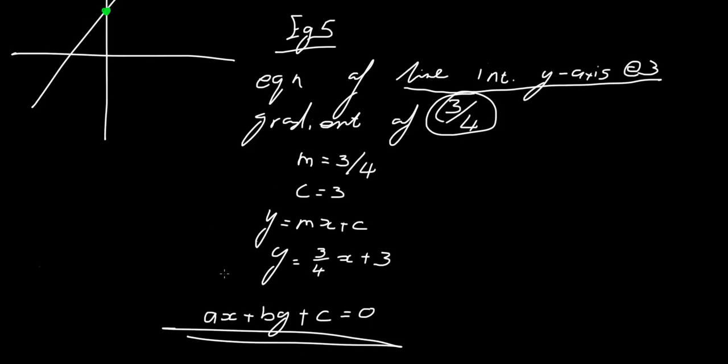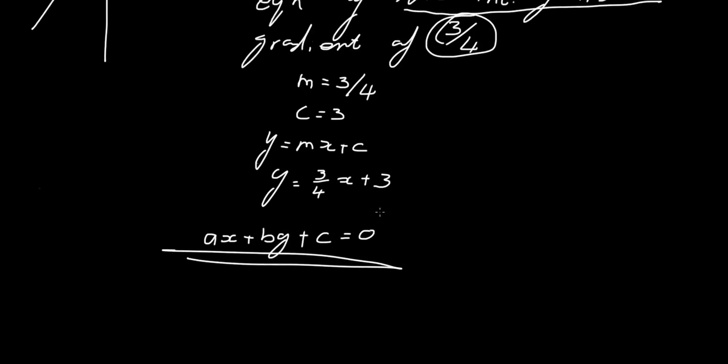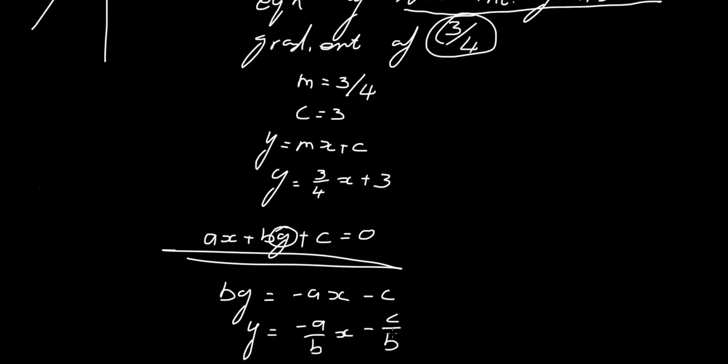to work with it, all you're going to do is take this equation and rearrange it into y equals mx plus c form. And how you do that is you just solve for y. So in this case we would say by equals minus ax minus c, and then y equals minus a over b x minus c over b.